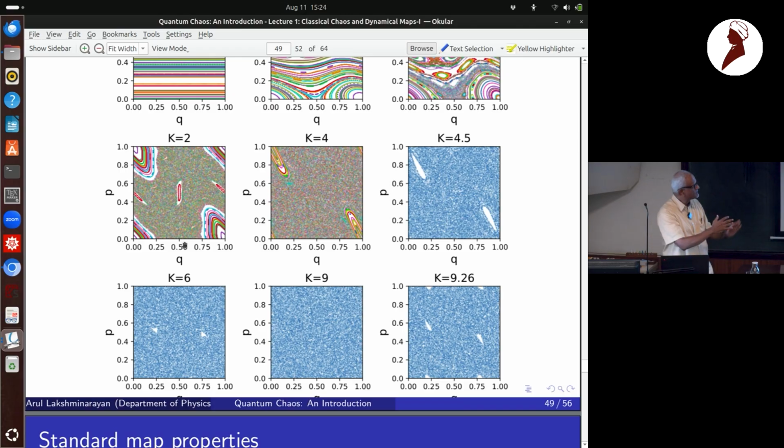At K equal to 9, it looks like there are no islands, but it's impossible to show that so far. Unlike, for example, billiards, several of which I showed, which are completely chaotic, or many other maps. But this is a smooth map, where it's difficult to actually show this analytically.